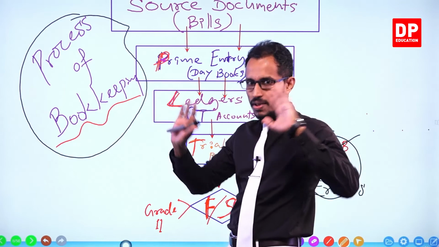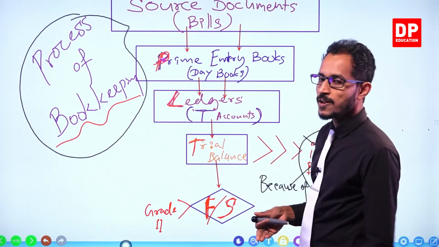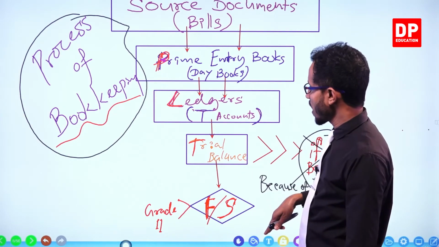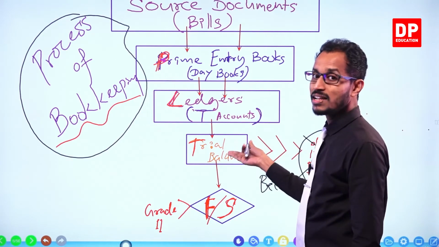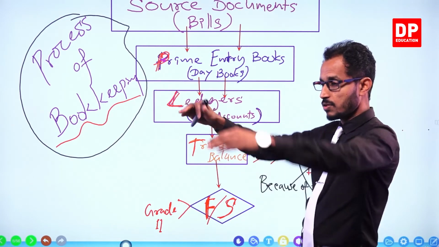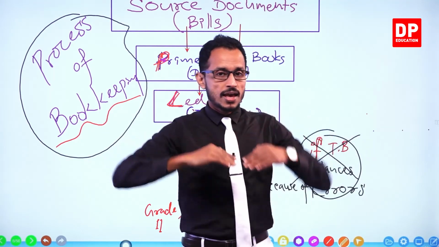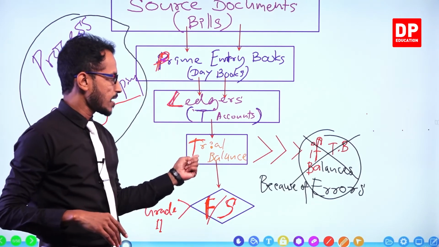If the trial balance is not balancing, we know that there are errors. But even if it balances, there can be errors.